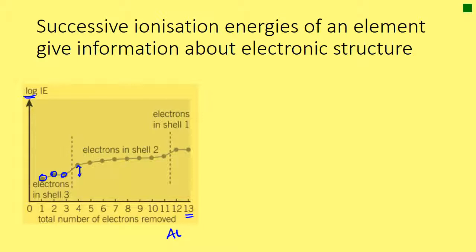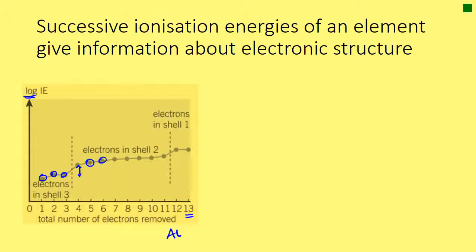As we then remove the 5th electron and the 6th electron, the ionization energy increases little bit by little bit, because we're only taking an electron from the same shell.